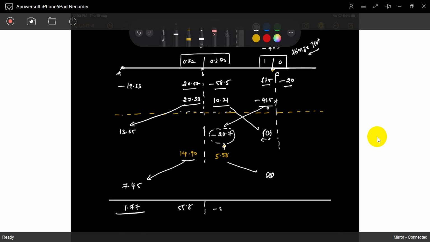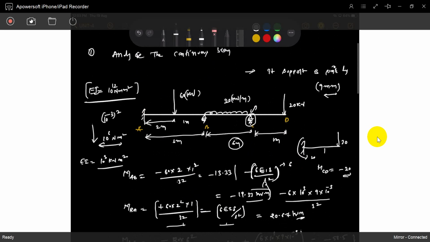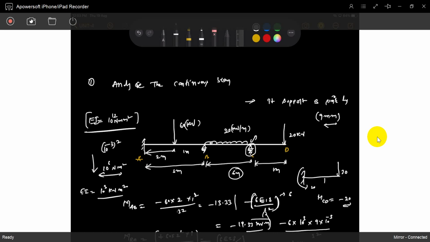If you add the other side also, you get the same 55.8. Now you will see it's minus 20 and plus 20. So you have an idea when you see the diagram. It's a 20 moment, there is no change at all. Redistribution, nothing happened. We can directly see that the moment at joint C is exactly 20.